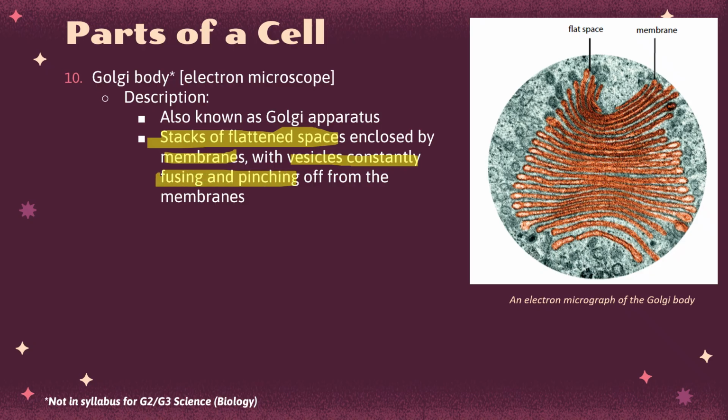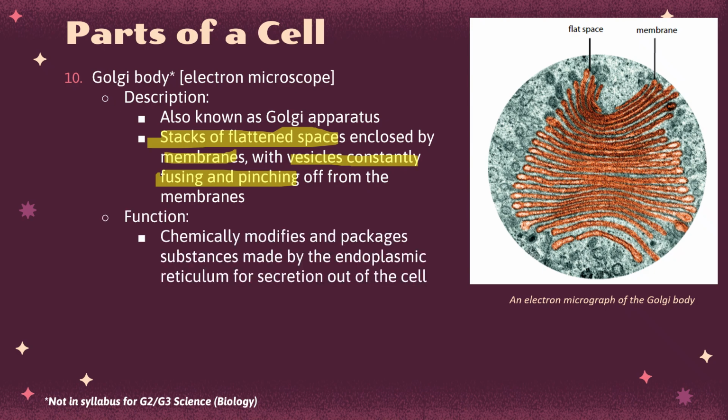I will try to explain this in the next slide, but right now this is how we describe the Golgi body. The function of the Golgi body is more important to know. It chemically modifies and packages substances made by the endoplasmic reticulum for secretion out of the cell. Please remember this function.